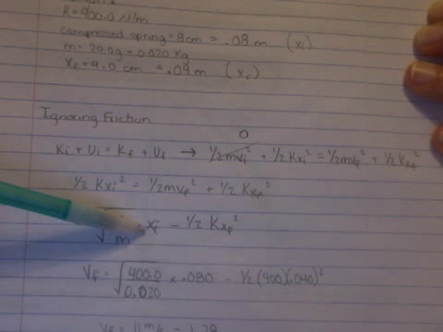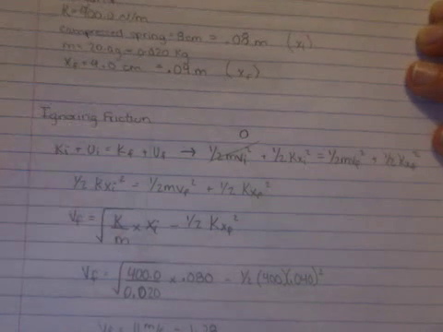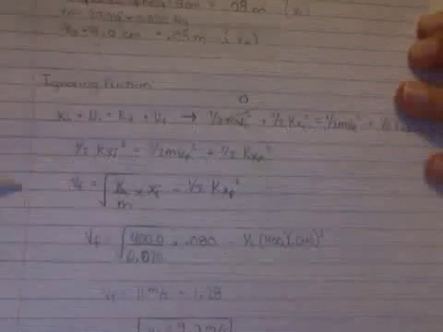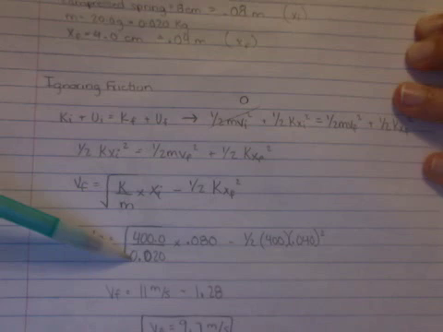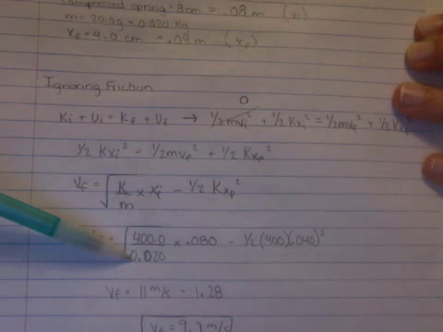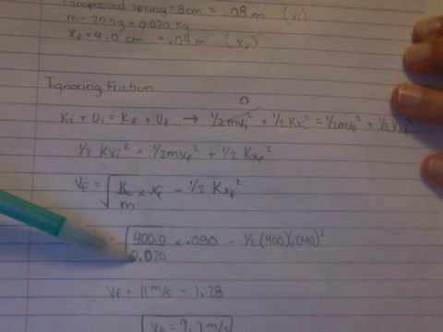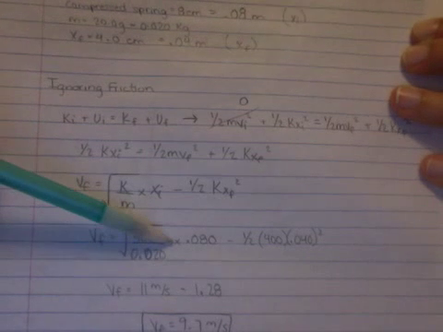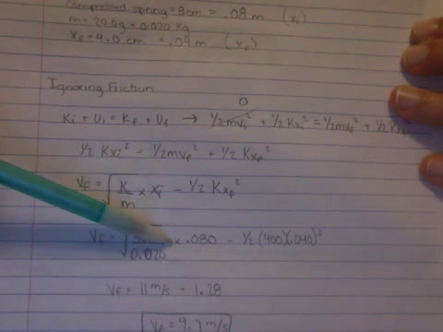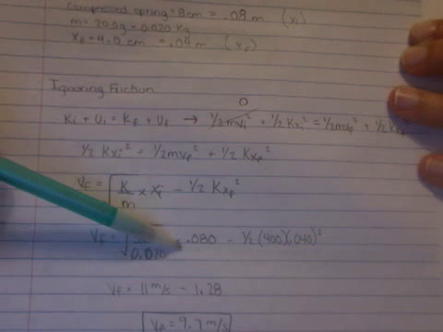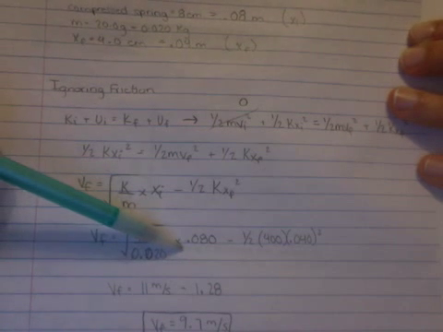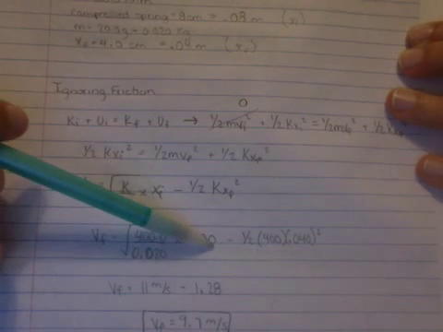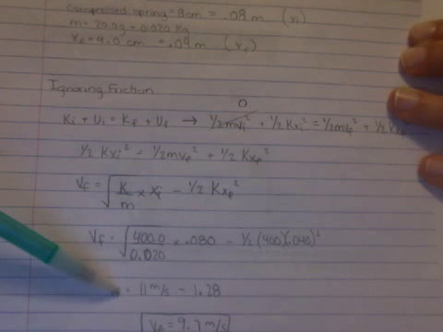initial compressed spring. So what you have is the square root of 400 divided by 0.02 kilograms, the mass of the dart, multiplied by the original compressed spring, which is 0.08 meters, and then we get a little over 11.